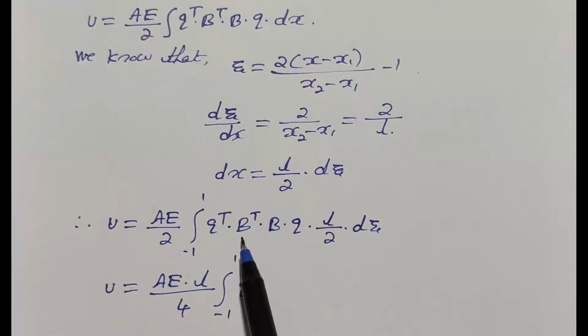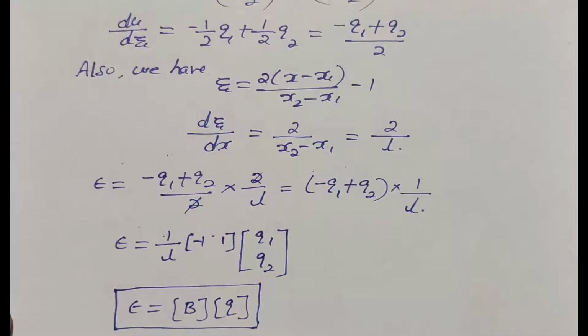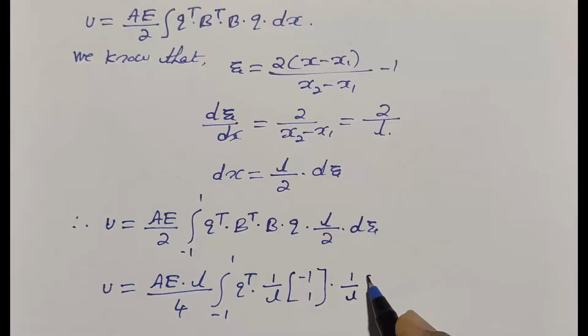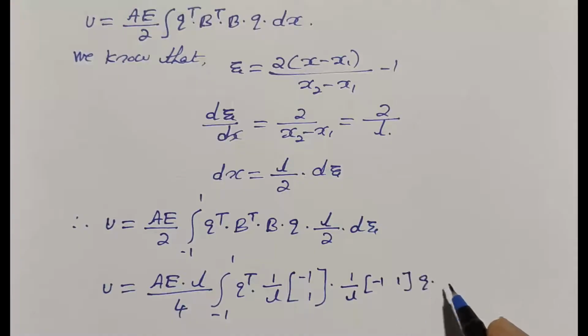Now I will substitute for B. We know that B is equal to 1 by L [minus 1 1]. If I take the transpose, B transpose becomes 1 by L [minus 1 1] transpose, into B, again 1 by L [minus 1 1], into Q into d zeta.